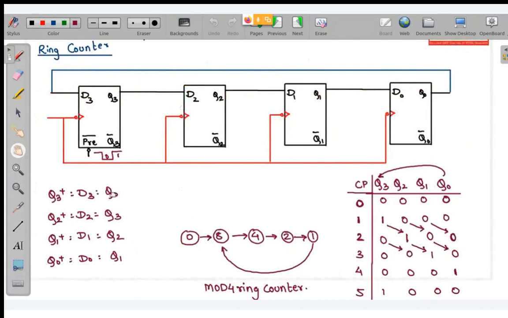Yeah. So basically, this is a shift register. You can see it from the next state equation also. These are all the present state. At the first clock pulse, this will be your present state. But here you can see that this pre-bar is getting activated for the first time for a momentary instance. So this is becoming 1, and the initial present state of the rest was 0.